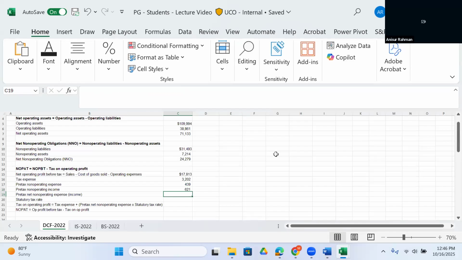You can consistently calculate this way for your company. Now, pre-tax net non-operating expense, which is pre-tax non-operating expense minus pre-tax non-operating income. So now we have a negative number. Now statutory tax rate, I'm going to use 22%.